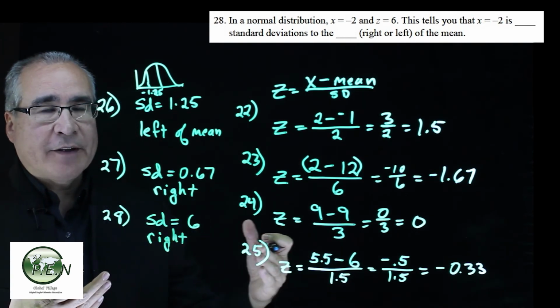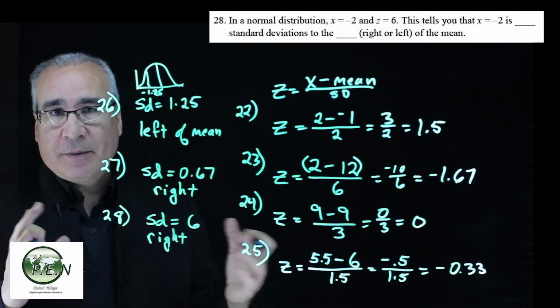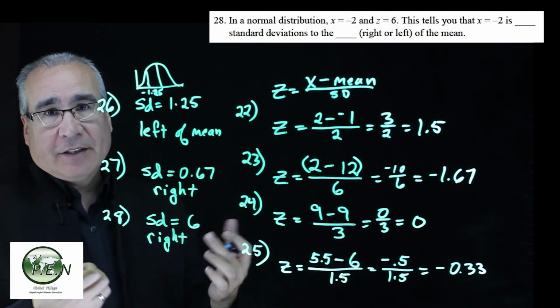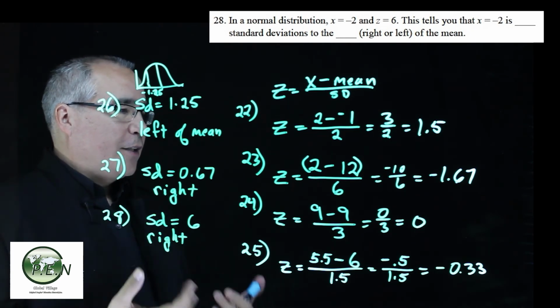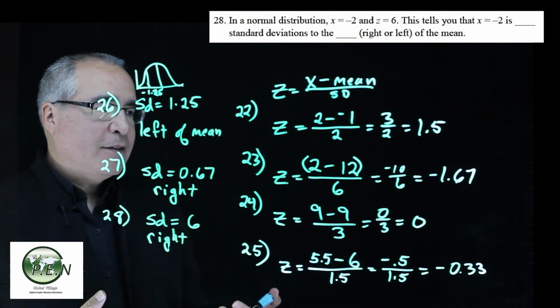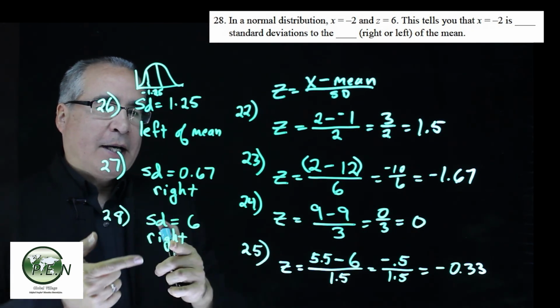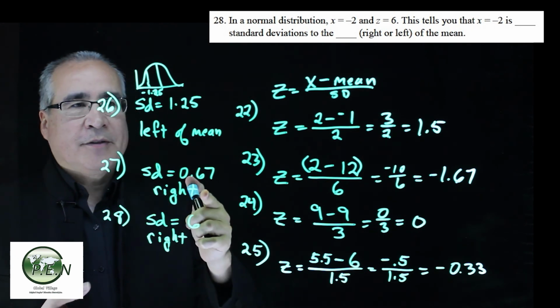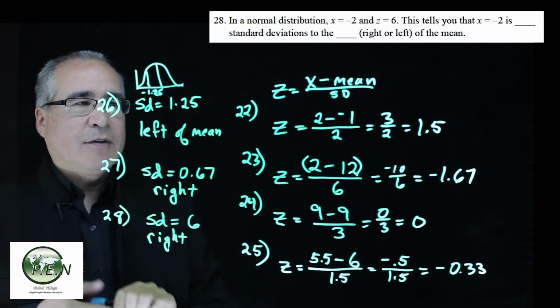Now, 6 is way out there. Remember, 3, we got to 3, we're like at 99.7 in both directions. So 6 is, this would definitely be what's called an outlier if it existed. So z tells us how many standard deviations away from the mean, and a positive in these two cases tells us that it's to the right. A negative tells us it's to the left.